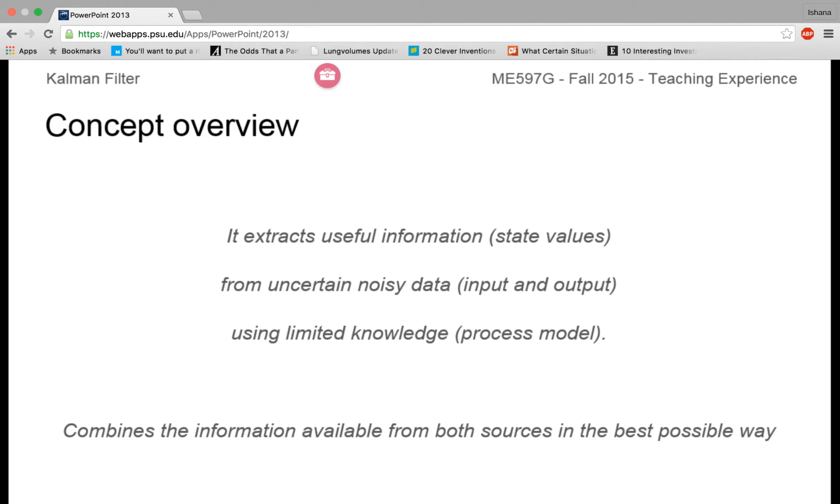And how it does that is by combining the information available from both sources, which is the measurement and the process model, in the best possible or the optimal way. Now, we will talk about in what way it is the optimal observer later in the slides.